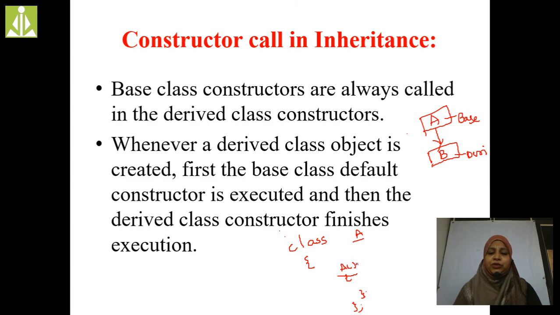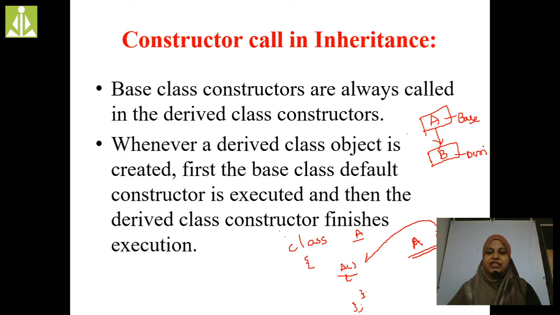How are we going to invoke this constructor? Whenever we create an object, for example an object of A, at the same time this particular constructor is going to be invoked.